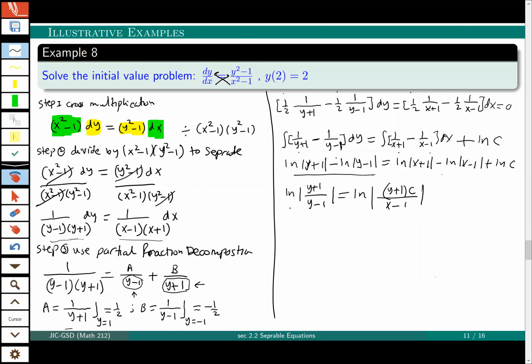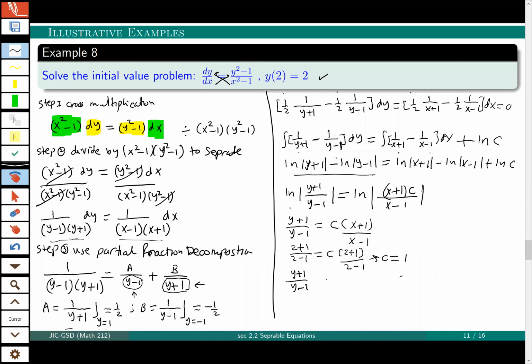Now, using the one-to-one property, with the initial values, we get 2 plus 1 over 2. Okay, this means c equals 1.